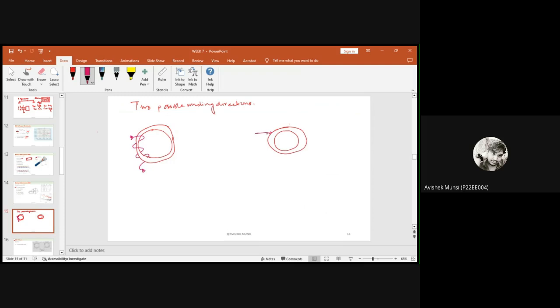Or you can wind it this way. So there are two possibilities: this is counterclockwise, and this is clockwise. One is clockwise, another one is counterclockwise.